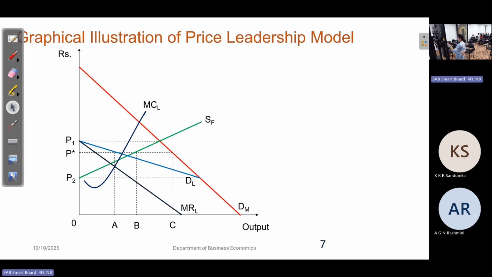Market demand is 0 to C. The second point is: what is the supply by the followers at P star? That is 0 to B.